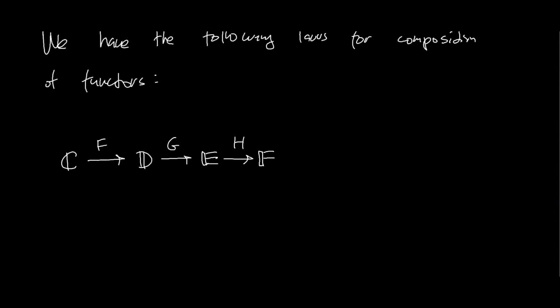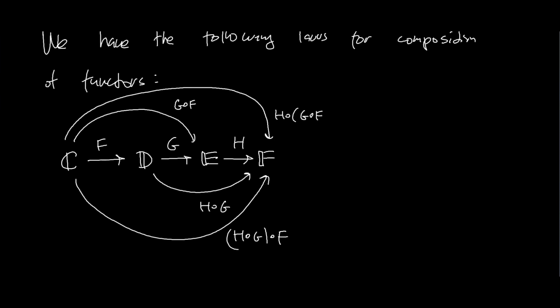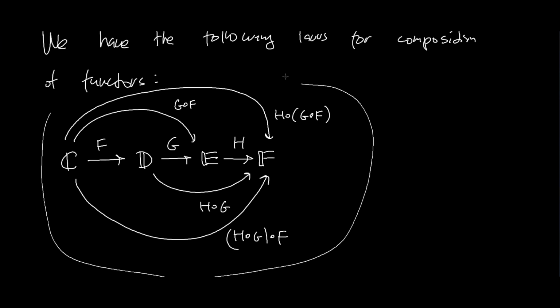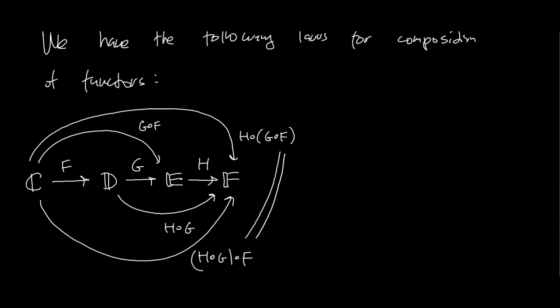So it shouldn't be difficult to see that if I happen to compose H with G and then compose that with F, we will get the same functor as if I first compose G with F, then compose that with H. So that's one rule that holds, that these two composites are equal. In other words, composition of functors is associative. So we're claiming that this will be equality.